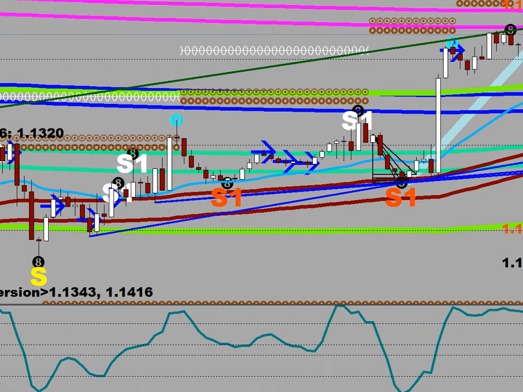The reason why this one didn't qualify versus that one is the size. This was a compressed section, and what that section represents is an area of buying.